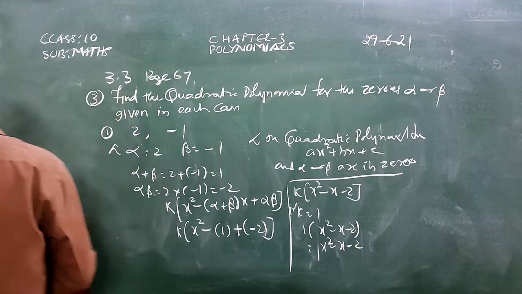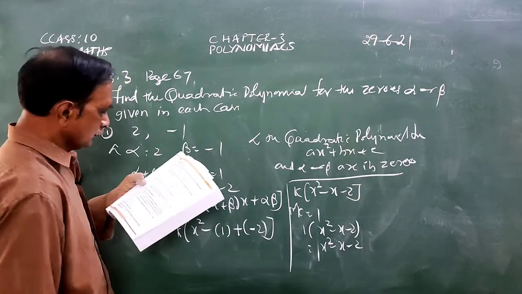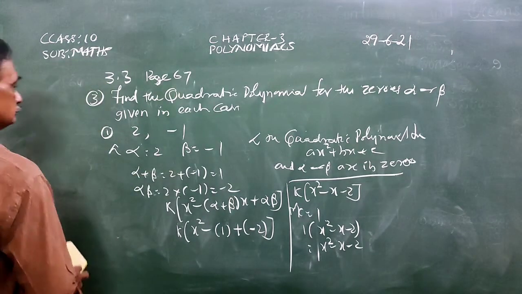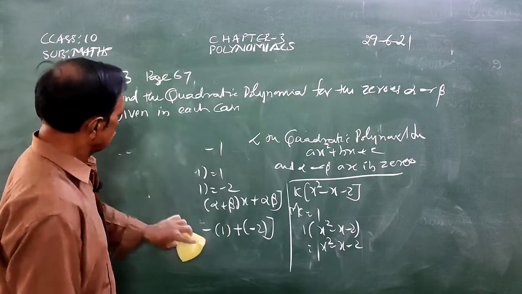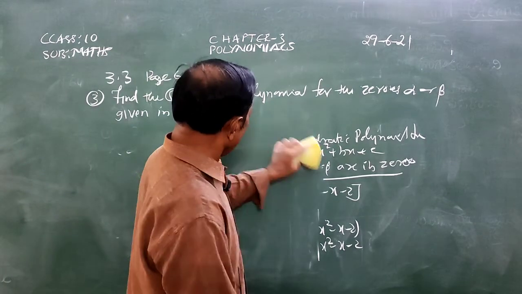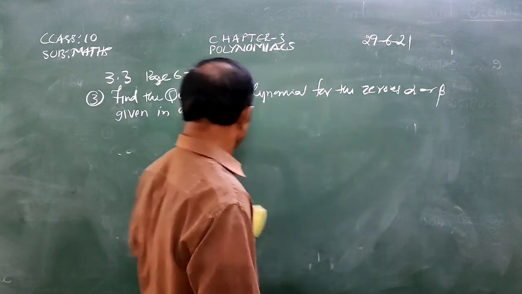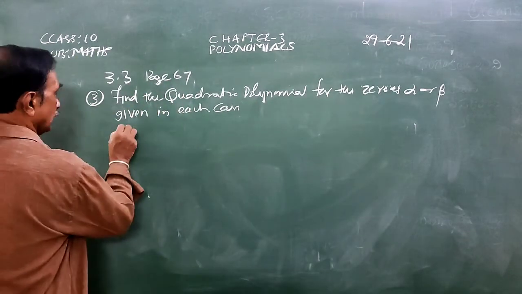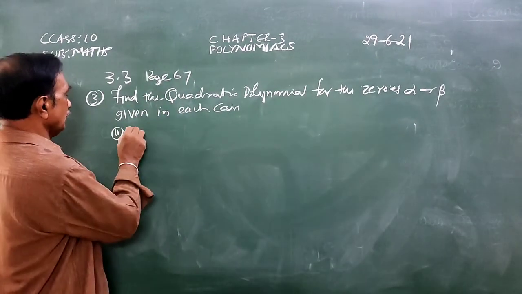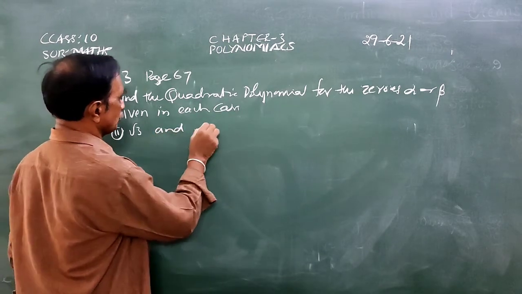Next. Root 3 and minus root 3. So you are required to find a quadratic polynomial whose zeros are root 3 and minus root 3.